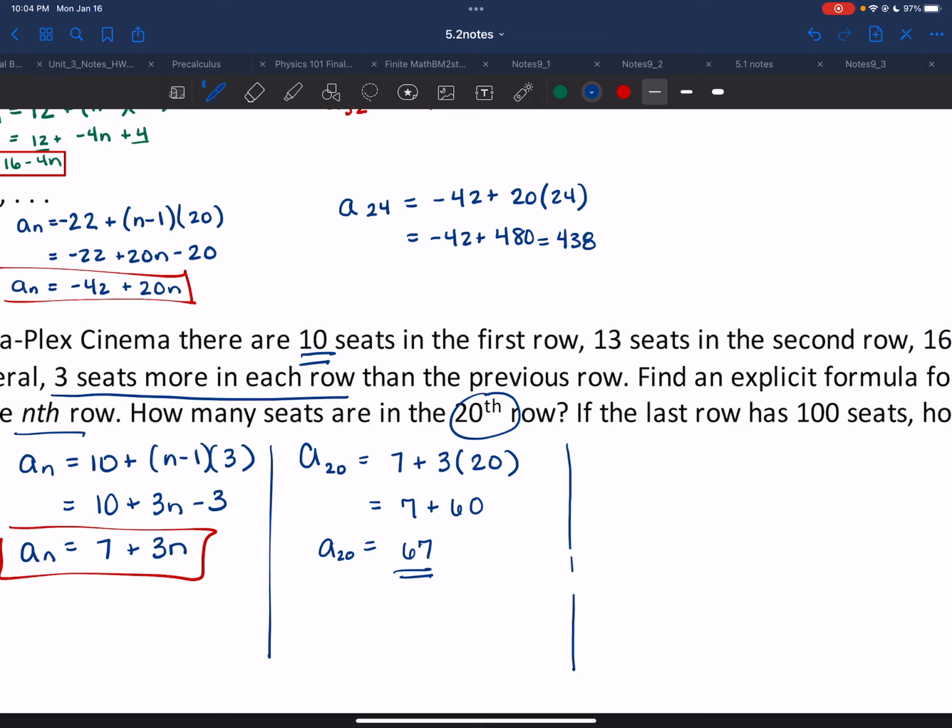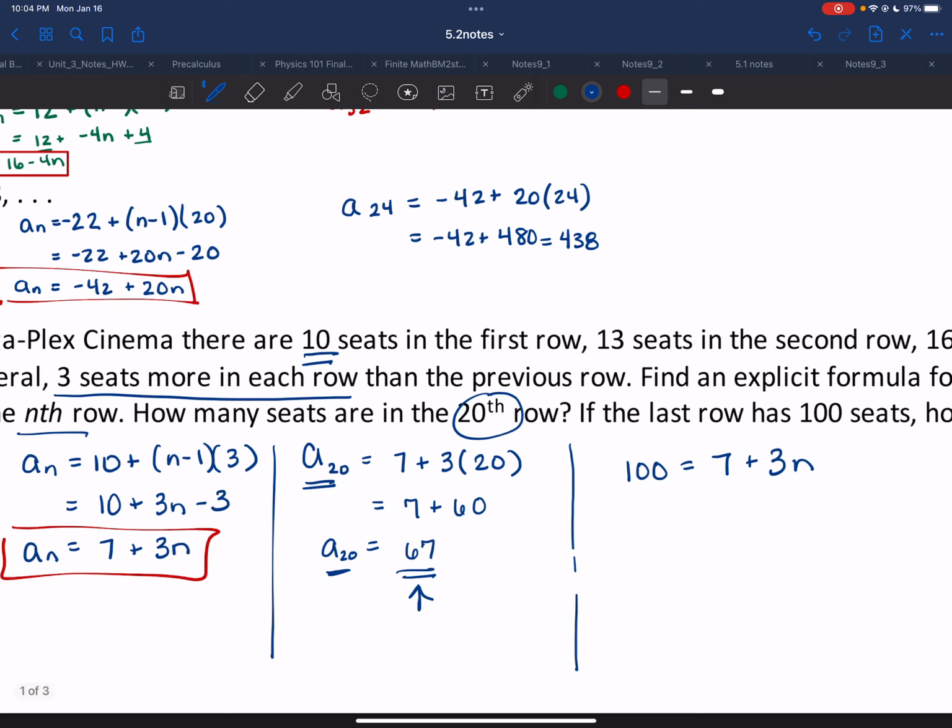So a_n tells us how many seats I have in a row. So if we know that's going to be 100 seats, that should equal 7 plus 3n.